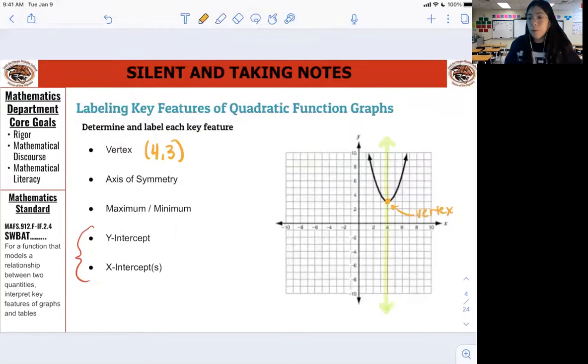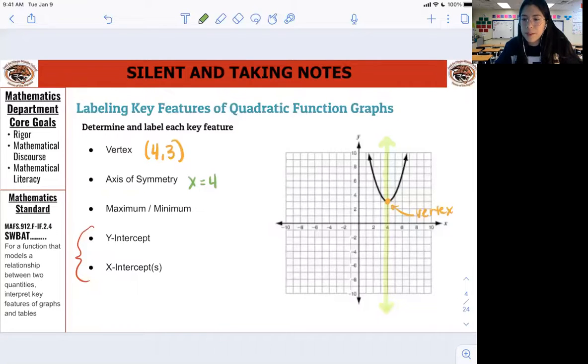It's not just at 4. 4 can be anywhere. It's at x equals 4. So it sounds like it's not important, but it is very important. x equals 4, just so that we're being specific about which 4 we're talking about. So axis of symmetry is at x equals 4. And let's see, I haven't seen the correct answer yet for maximum or minimum.